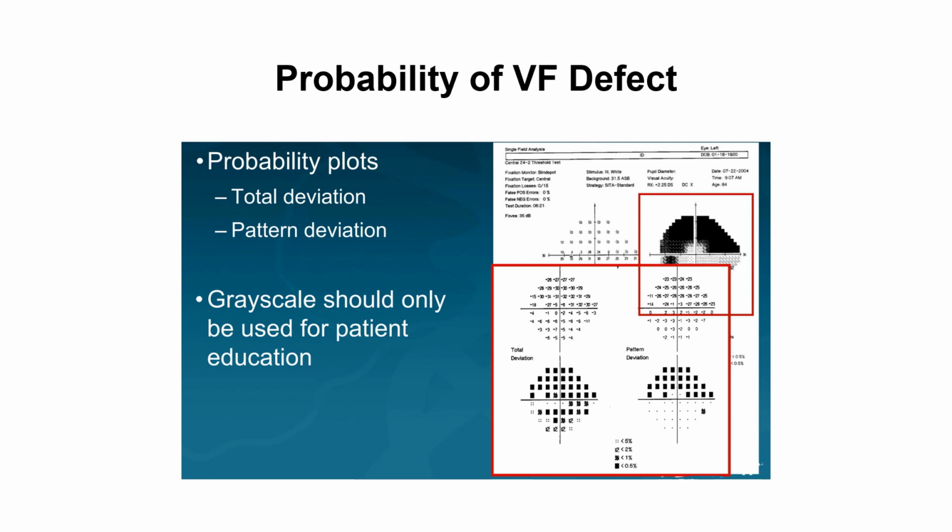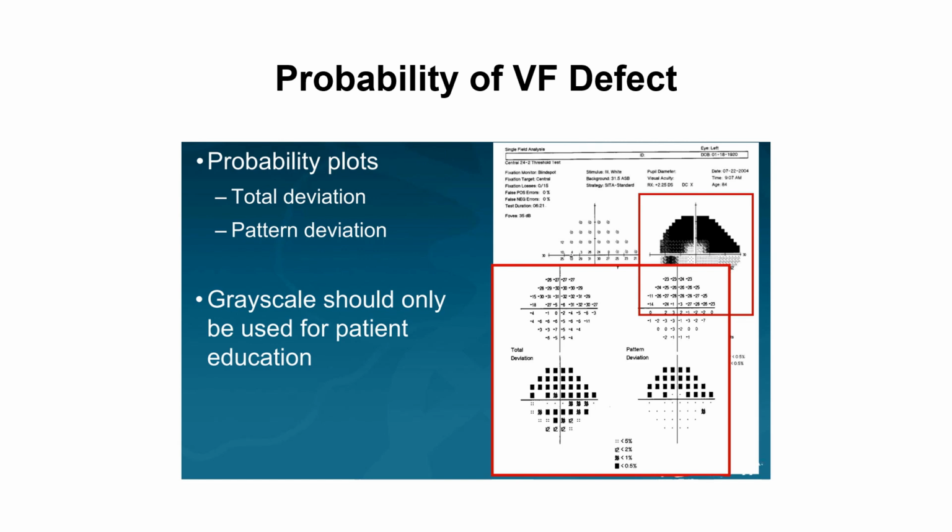These probability plots divide into the total deviation and the pattern deviation. And we say that you should depend on the numeric plot, not on the grayscale. Grayscale should only be used for patient education. So these are the total deviation and the pattern deviation. The total deviation represents the mean deviation, the MD: the threshold at each point corresponding to the age-matched data.